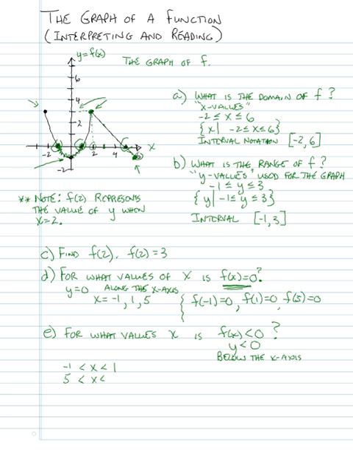Now, the largest x value, of course, is +6. But with +6, the y value is actually a negative number because that part of the graph is below the x-axis. So these are the two intervals for which f of x is less than 0. It's the two different intervals, parts of the graph.